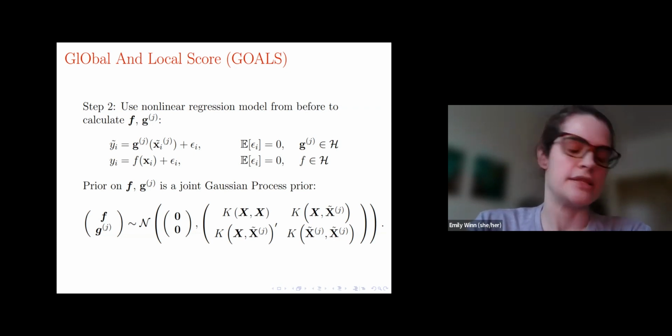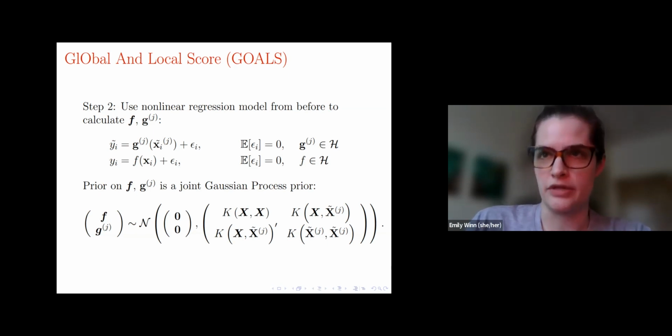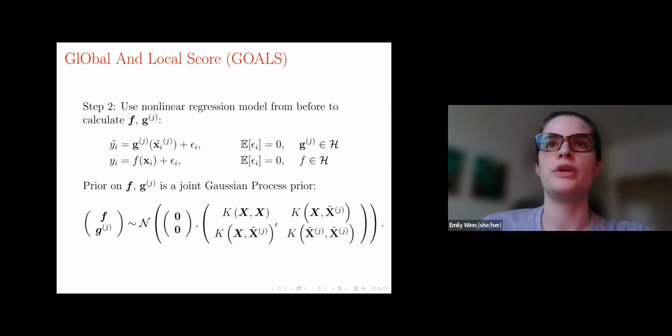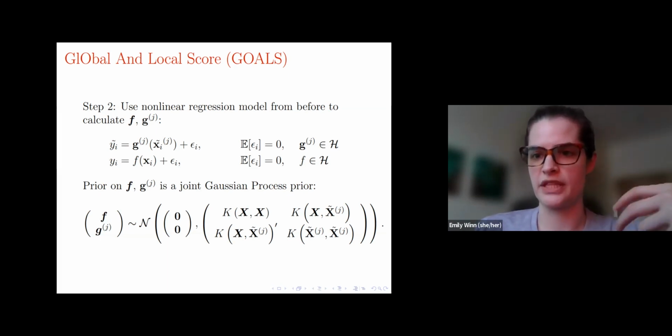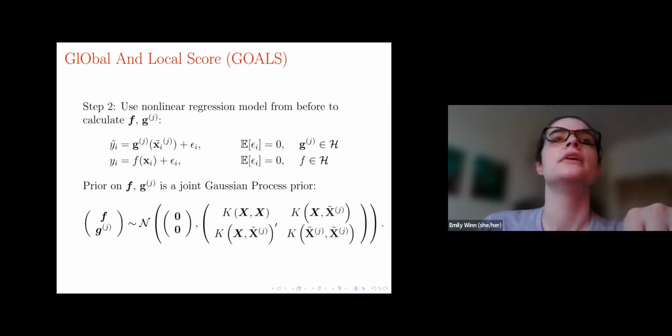We need that because we need some nice properties from that space to do the statistics that we want to do. And then the prior on f and g of j is going to be a joint Gaussian process prior. So we're going to have these kernel functions here. We're going to assume both are centered at 0 to start, and then we can sample a posterior based on the data.